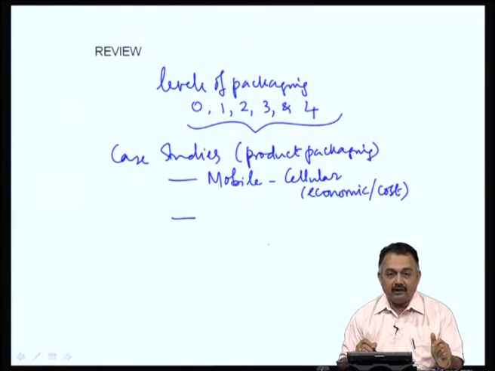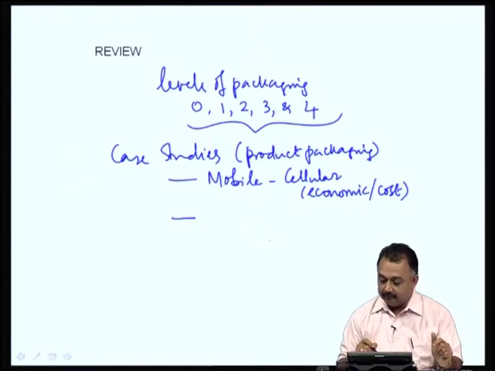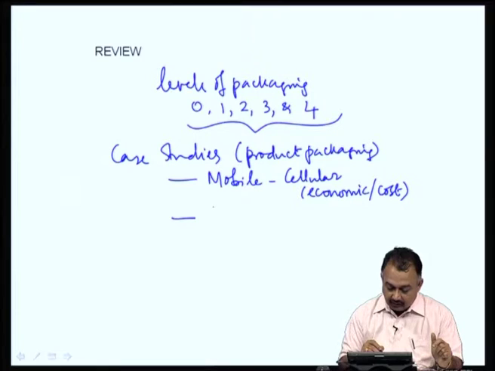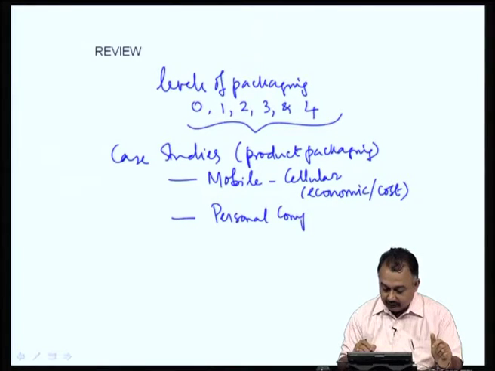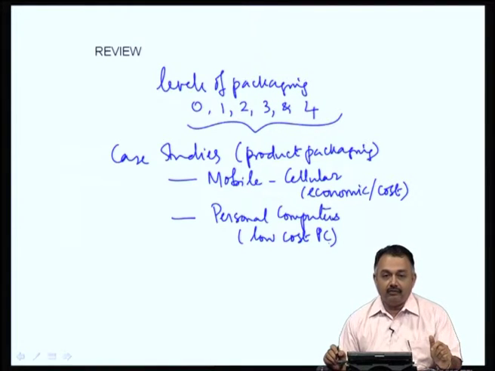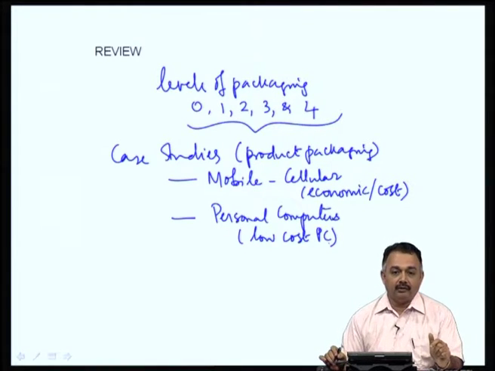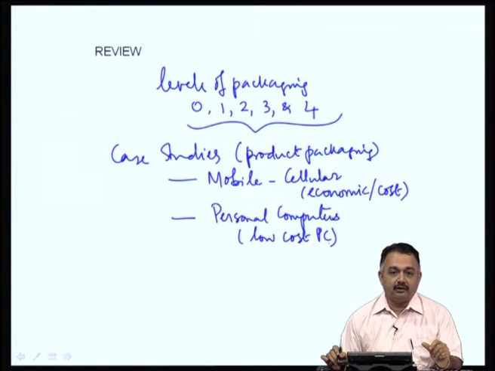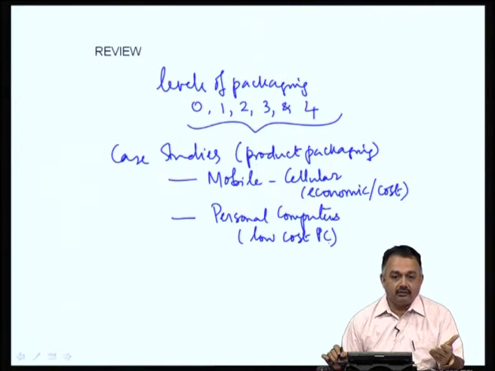The next example that we looked at was the personal computer, right. Personal computers including low cost PC. I mentioned to you before a very important phenomenon that depending upon the area, the cost of the product is determined through design, and in manufacturing accordingly the materials are chosen.